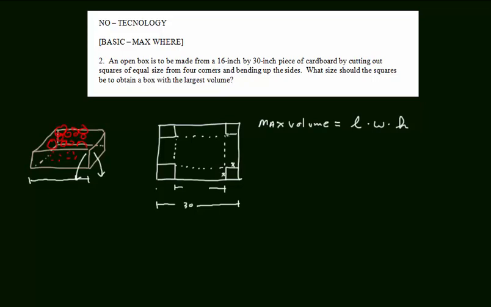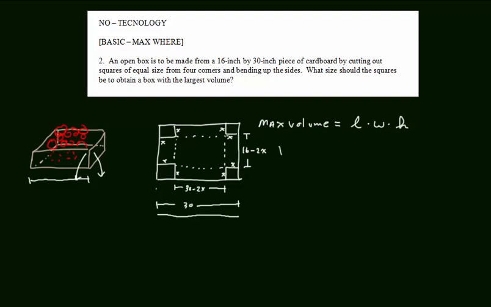X by x, x by x, so on and so forth. If I'm cutting out that square x by x, then this side here is no longer 30, but it's going to be 30 minus 2x. Similarly, this side here is going to be 16 minus 2x.